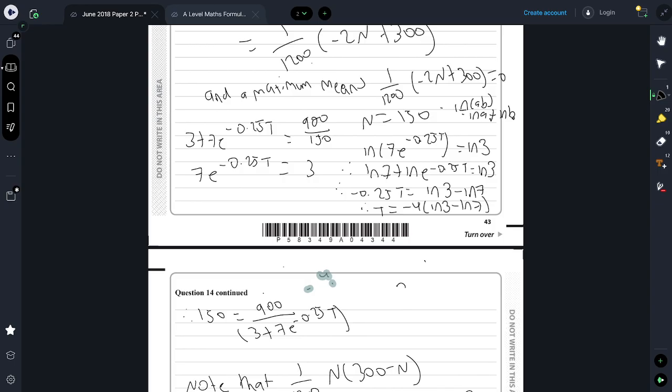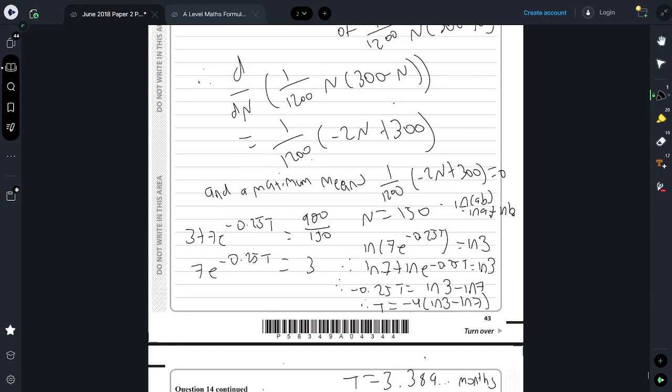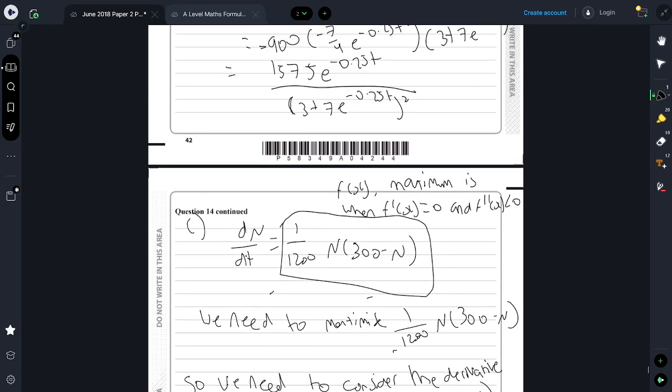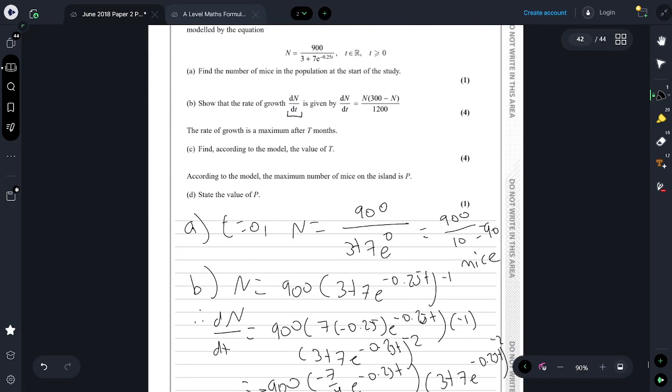And that answer is going to be, t is, ln 3 minus ln 7. You get 3.389 something months. So what does it say? Do we have to give it to a certain degree of accuracy? Sorry.